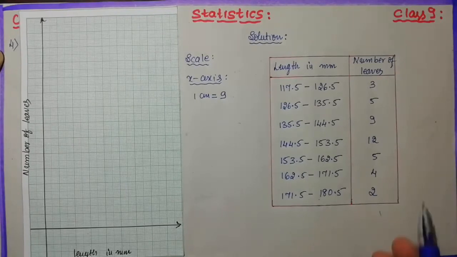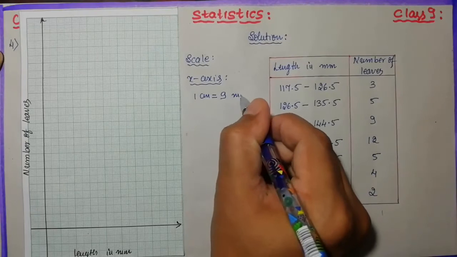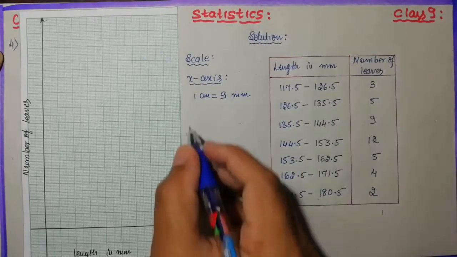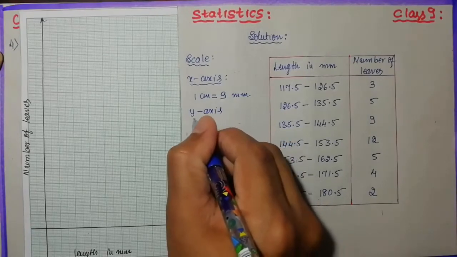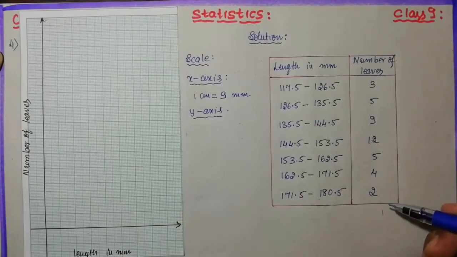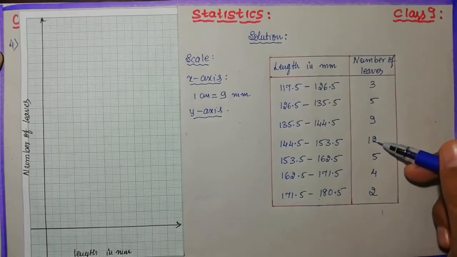Write down the unit also, it is in millimeter, 9 millimeter. And for the y axis you need to think, it depends upon the highest and least values. What is the least value here? I think 2 is the least value, and 12 is the highest value.